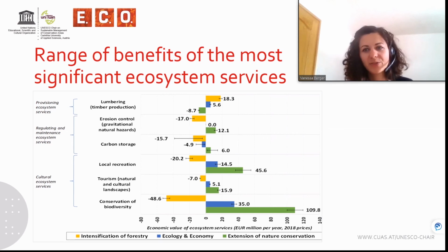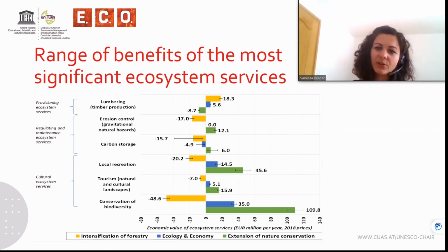And I would like to go a little bit more into this in the discussion because we assess our ecosystem services with GIS. So you saw our maps. We calculated the amount of timber for smaller forest areas and summed it up in the end.